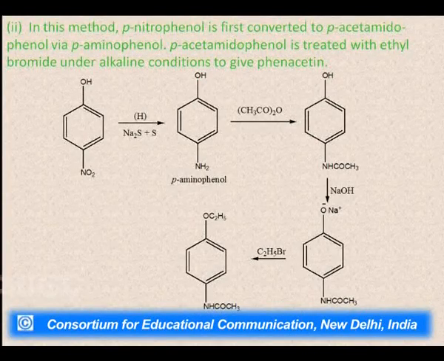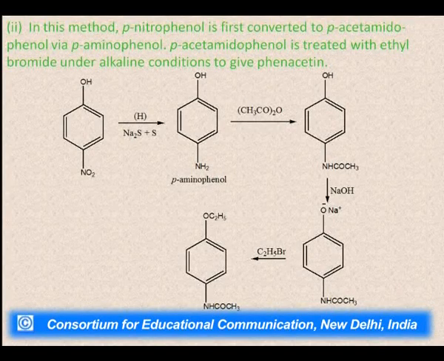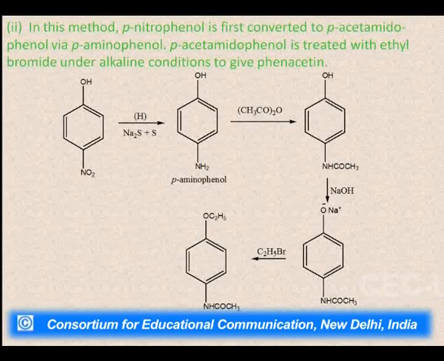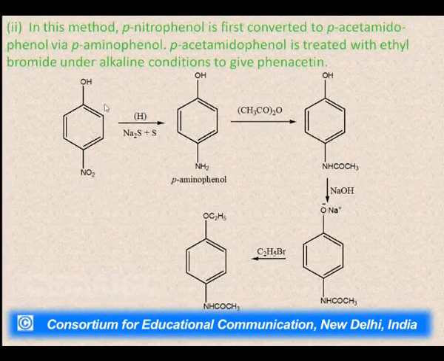There is another method of preparation of phenacetin. In this method, para-nitrophenol is first converted into para-acetaminophenol via para-aminophenol. Then it is treated with ethyl bromide under alkaline condition to give the final product. So, here also we have taken para-nitrophenol. First it will undergo reduction, and the nitro group is reduced into the amino group.